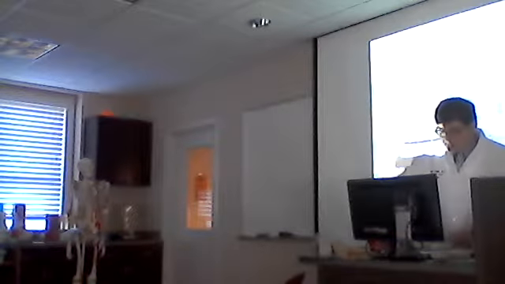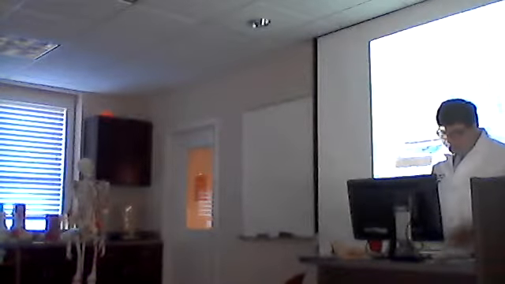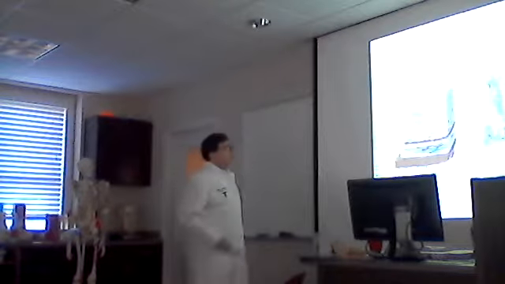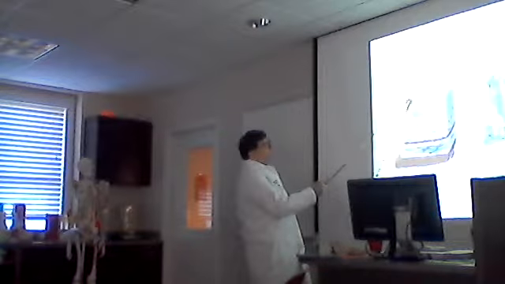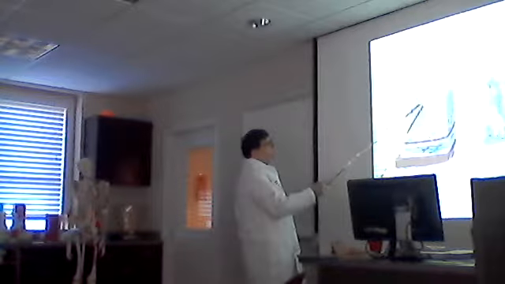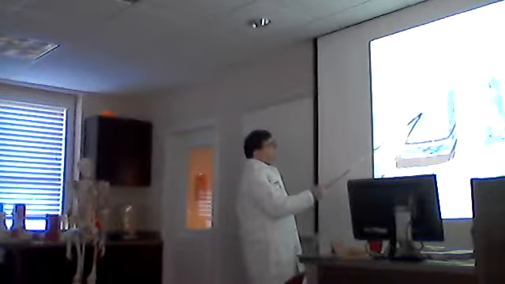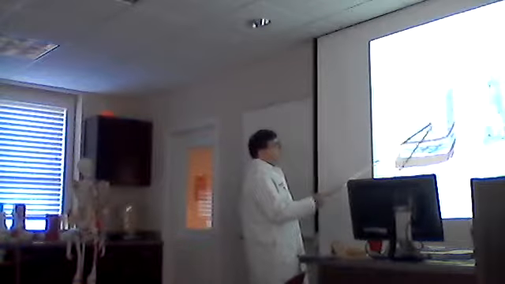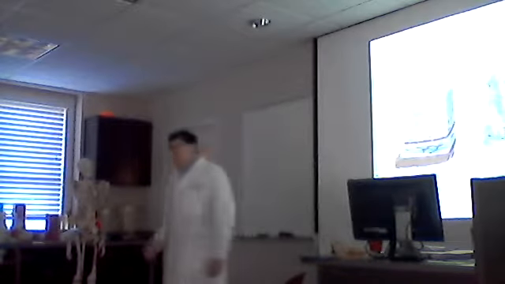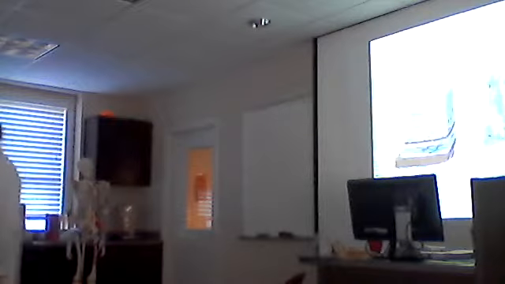Okay. This is the microscopic appearance of the colon. Notice again we have simple columnar epithelium that's going to form very straight tubular glands. These are mostly simple tubular glands that descend down into the lamina propria.